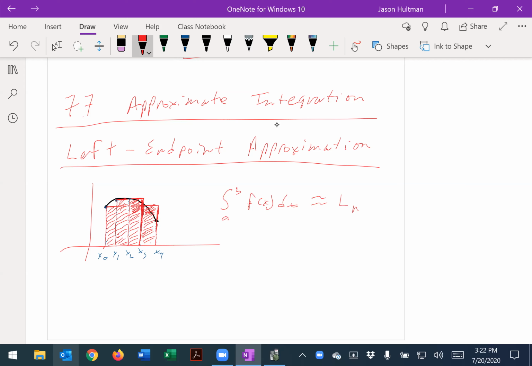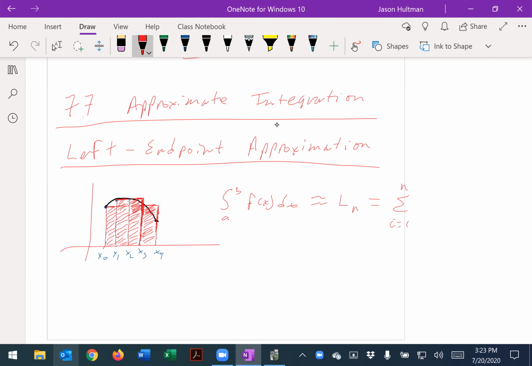And we say that this is equal to the summation of the rectangles, i equals 1 to n of x sub i. Is it 1 to n or 0 to n? Oh yeah, it's 1, because I'll show you in a second.